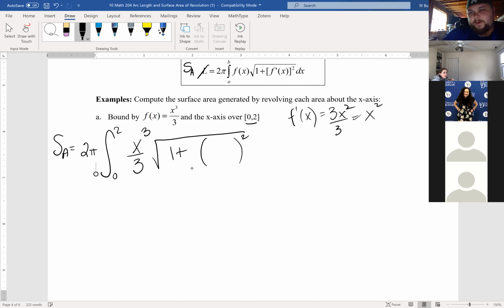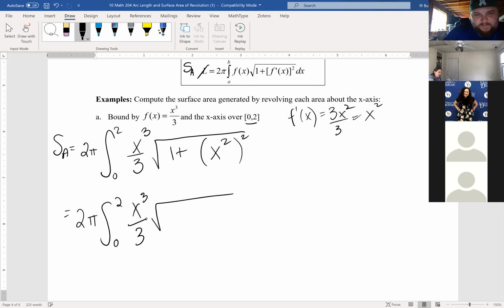It's just x squared, right? Because you bring the 3 down, take 1 from the power. So then x squared squared would be x to the 4th.